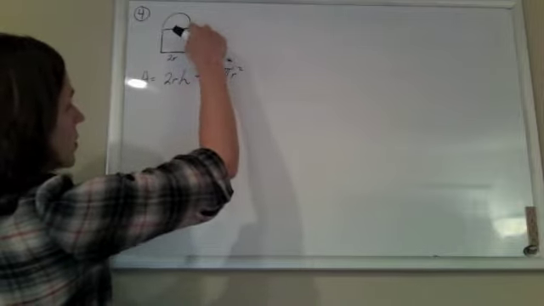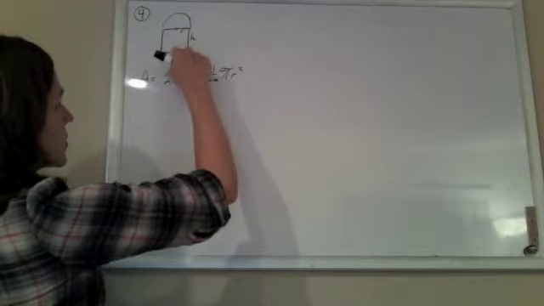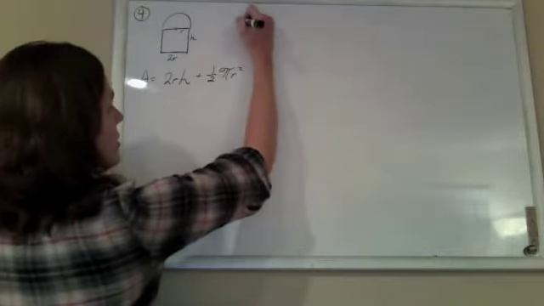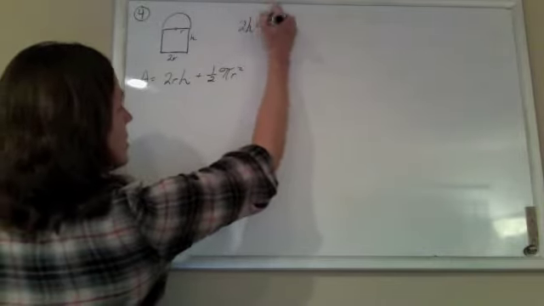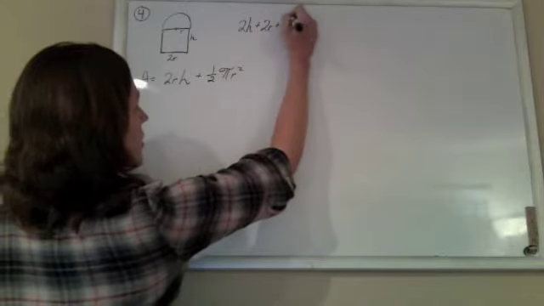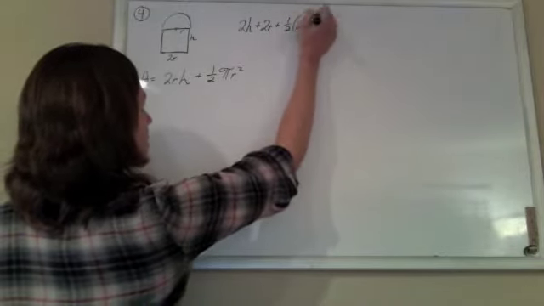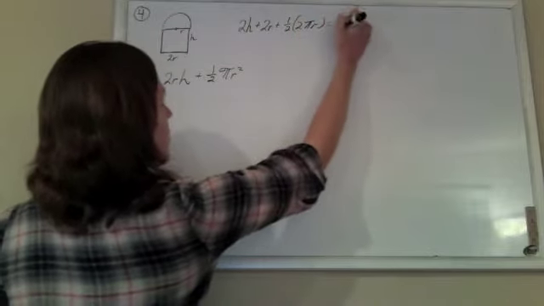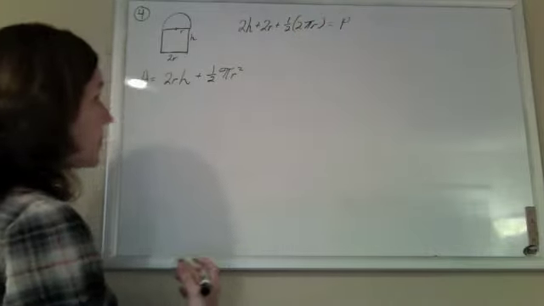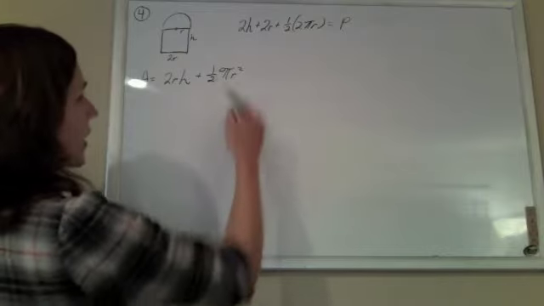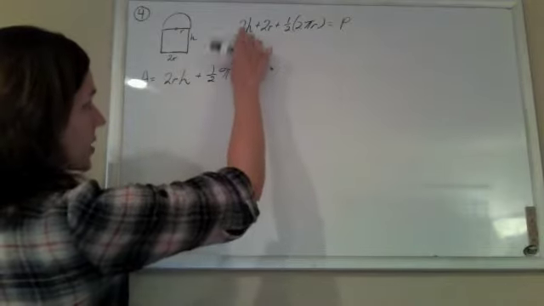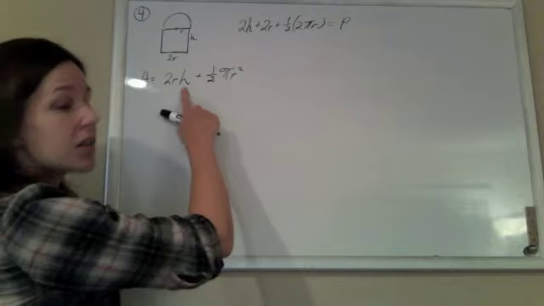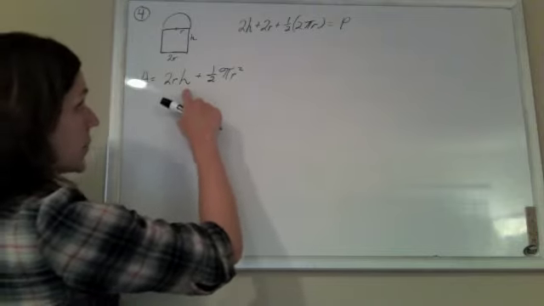So 2 h's plus 2 r's plus half the circumference of a circle, which is given by 2 pi r, and that equals some number p. So if I solve this for h and plug that into there, that's going to be good.